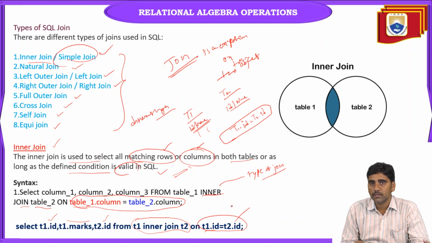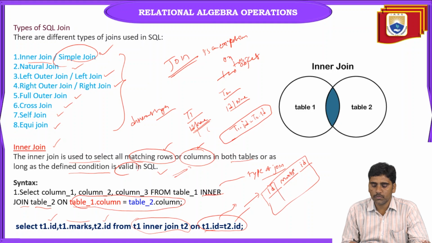That means the table 1 column ID equals the table 2 column ID. From this we can say that after performing the join operation, we retrieve the ID from table 1, marks from table 1, and ID from table 2.